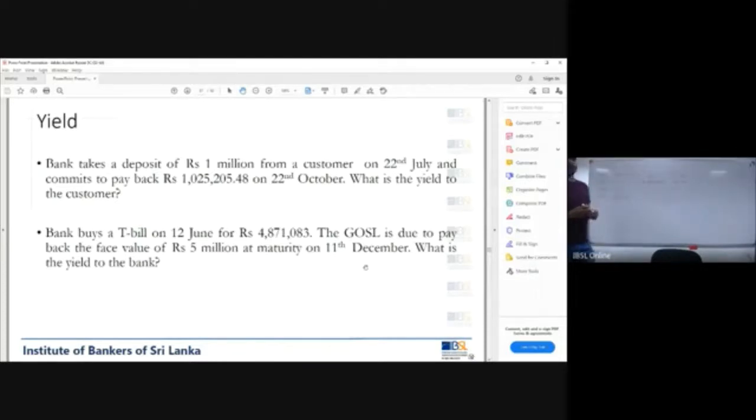Question is, what is the yield to the bank? Right, so we calculated the number of days earlier, 182. You asked to calculate the yield. Did you all try?